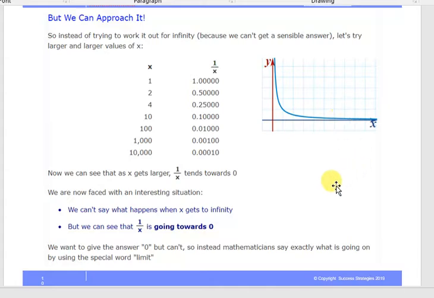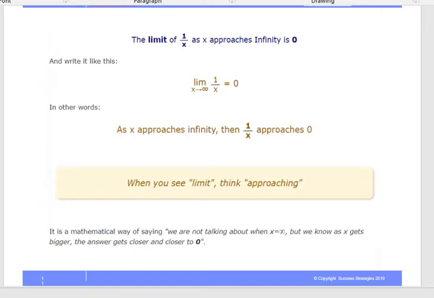This gives us a very important result. In the mathematical sense, as x is getting bigger and bigger, the answer of the reciprocal will be getting closer and closer to 0. That is the idea behind this.